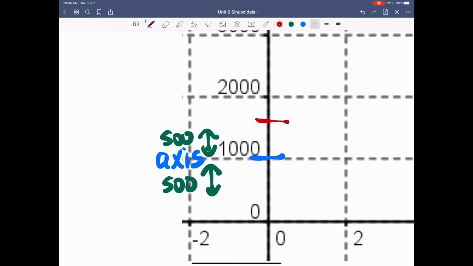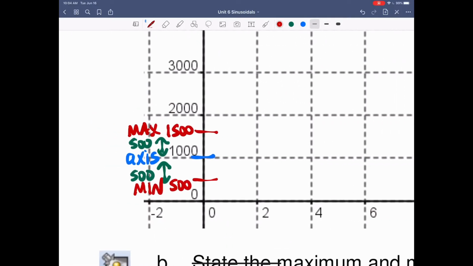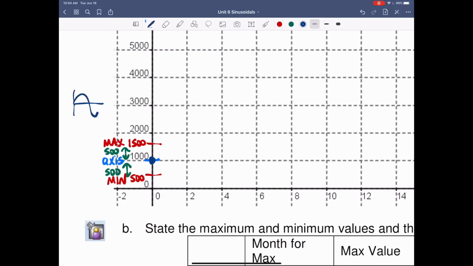That will make the maximum 1,500. And then 1,000 minus 500 is 500, so the minimum is 500. Remember there were no shifts left or right, so I can just start off here, because a sinusoidal looks like that.